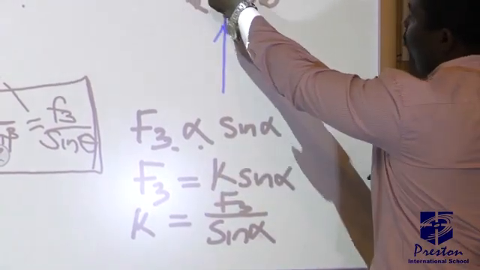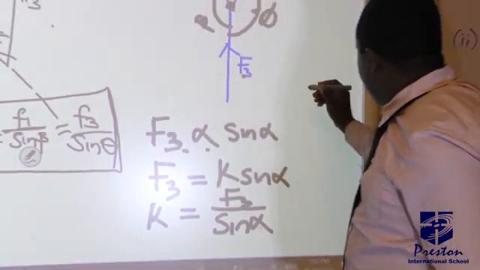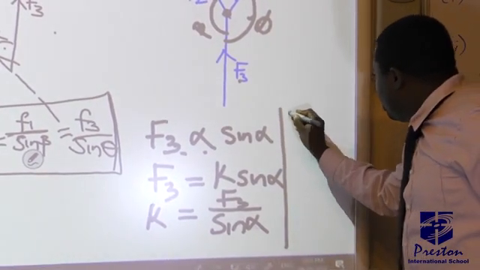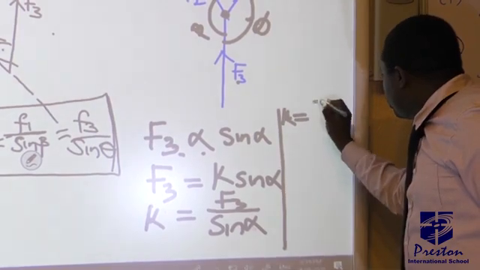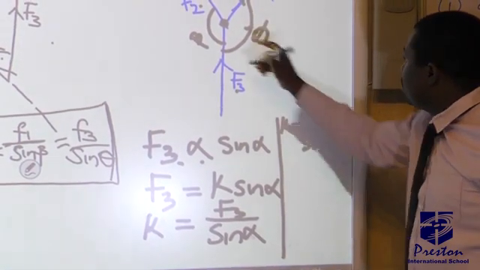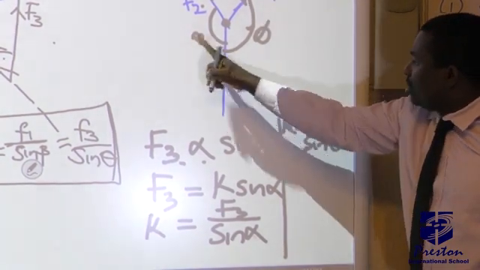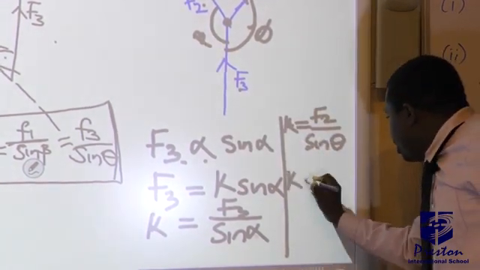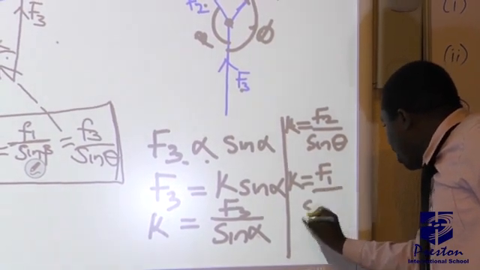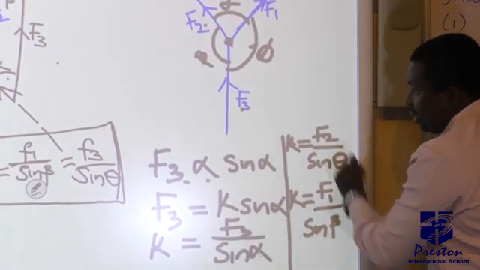If we do that for F2 and theta, we are going to get K equal to F2 over sine theta. If we do the same thing for F1 and beta, we are going to get K equal to F1 over sine beta. So let's combine the three together.